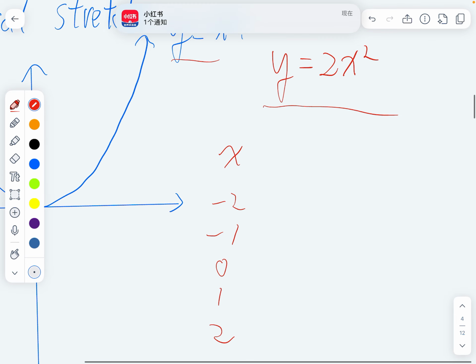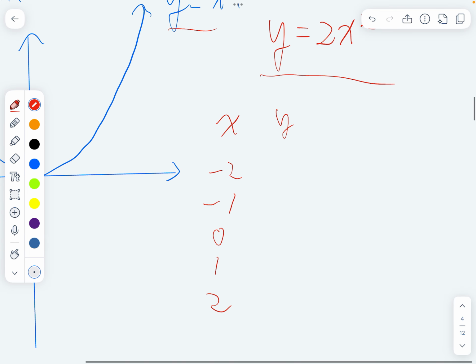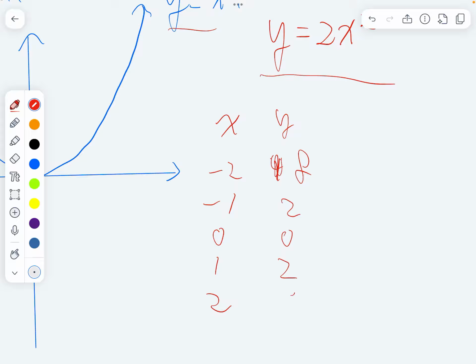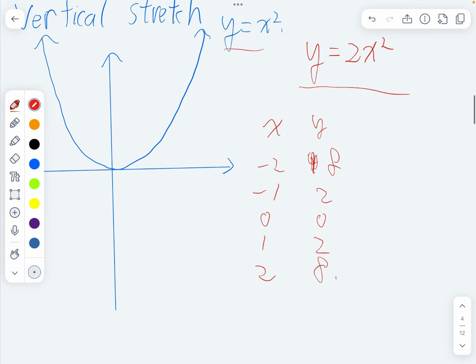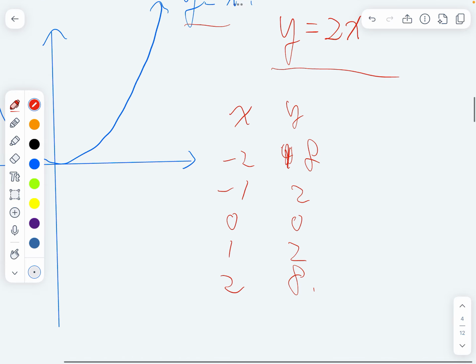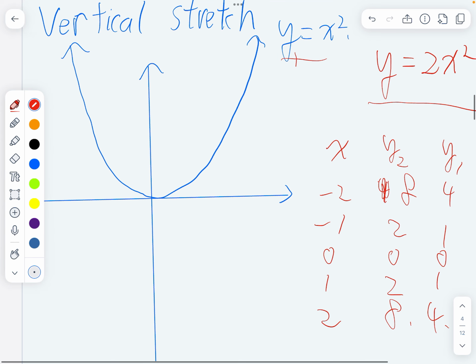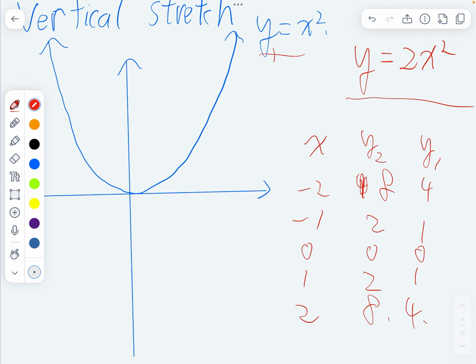For the relation, we plug x into the function. For the original one, when x is negative 2, y is 4, negative 1 gives 1, 0 gives 0, 1 gives 1, 2 gives 4. So we can draw the graph.